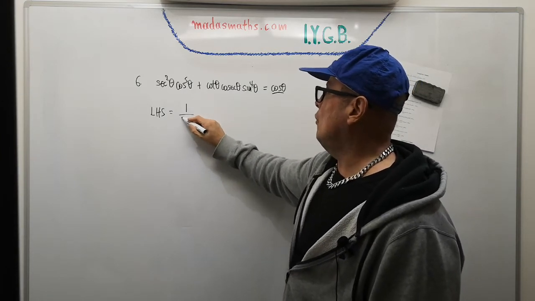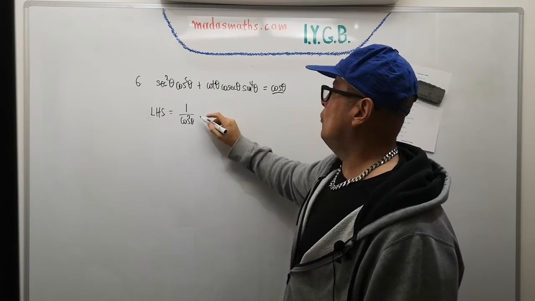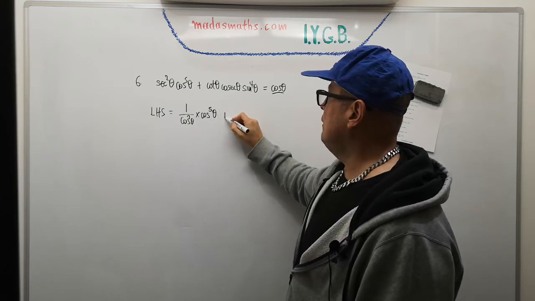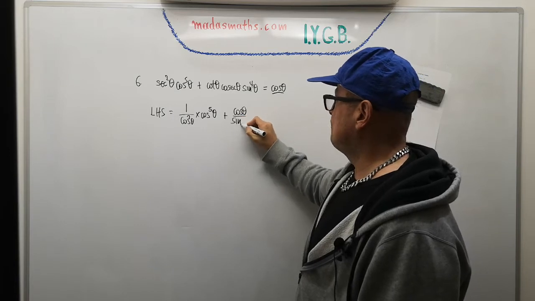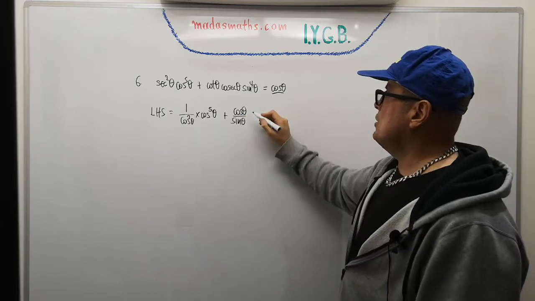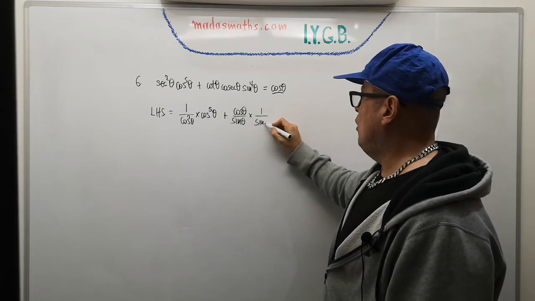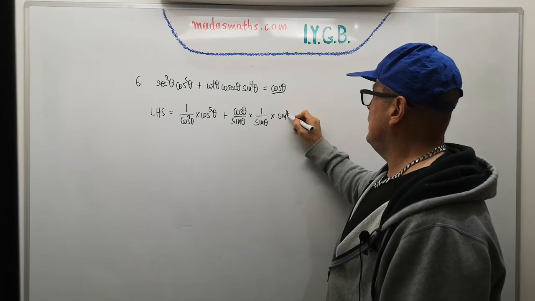So 1 over cos squared theta, that's the sec squared, times the cos to the 5 of theta next to it. The cot is of course cos theta over sine theta, times the cosec. The cosec is 1 over sine. I hope desperately for some cancellations, and some of them will take place.